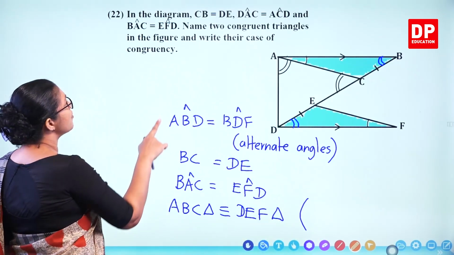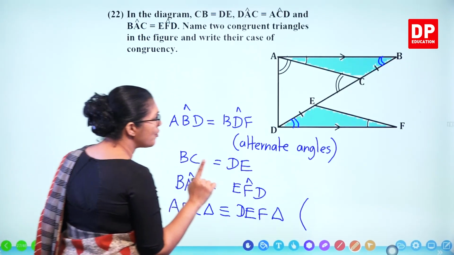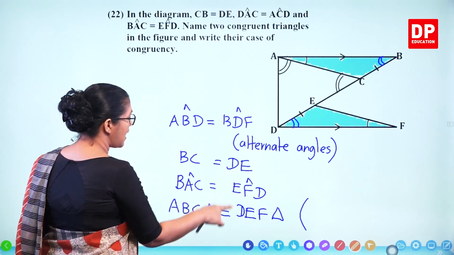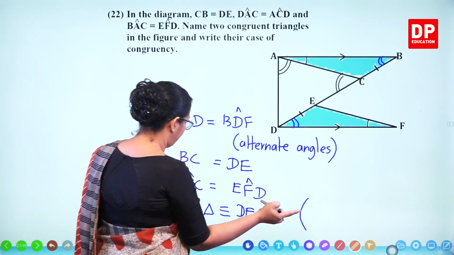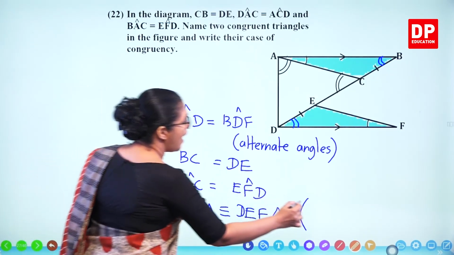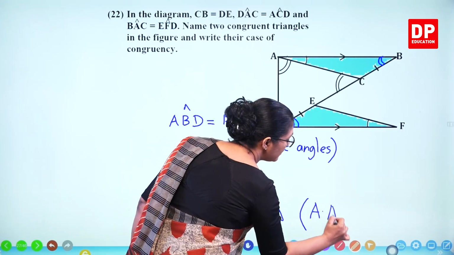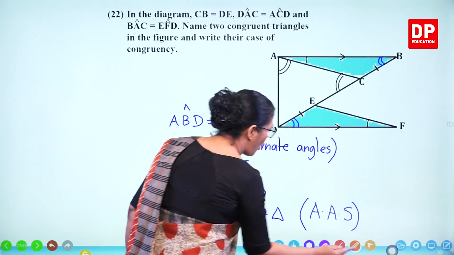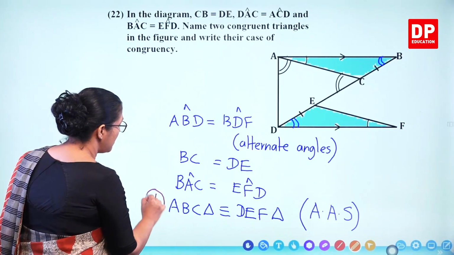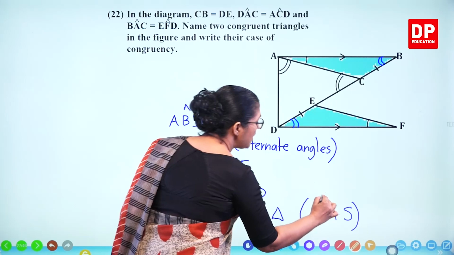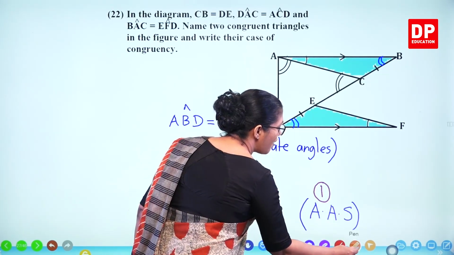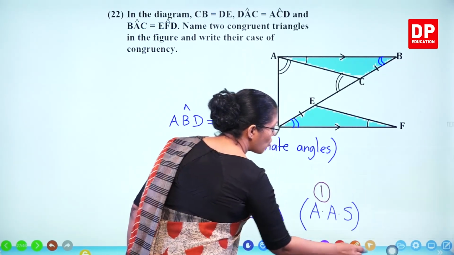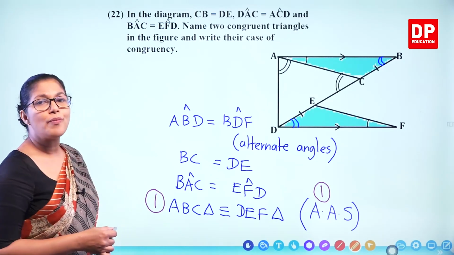They are asking congruency and write down the case of congruency. 2 angles and 1 length. Angle, angle, side. So you get 2 marks for writing down the 2 triangles that are congruent and 1 mark for writing down the case of congruency. So 2 marks altogether.